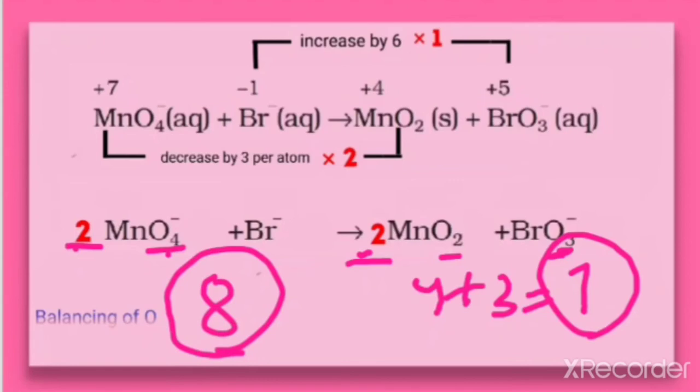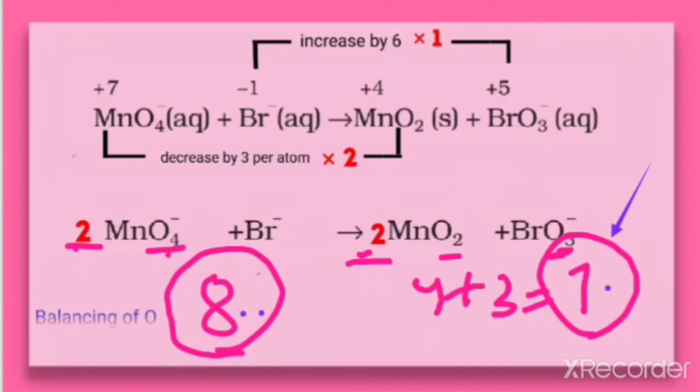So which one is the deficient side here? This is the deficient side, because here there is only 7 and here it is 8. So we have identified that the right hand side is the deficient side. How much is the deficiency? When you compare 8 and 7, the difference between them is 1.